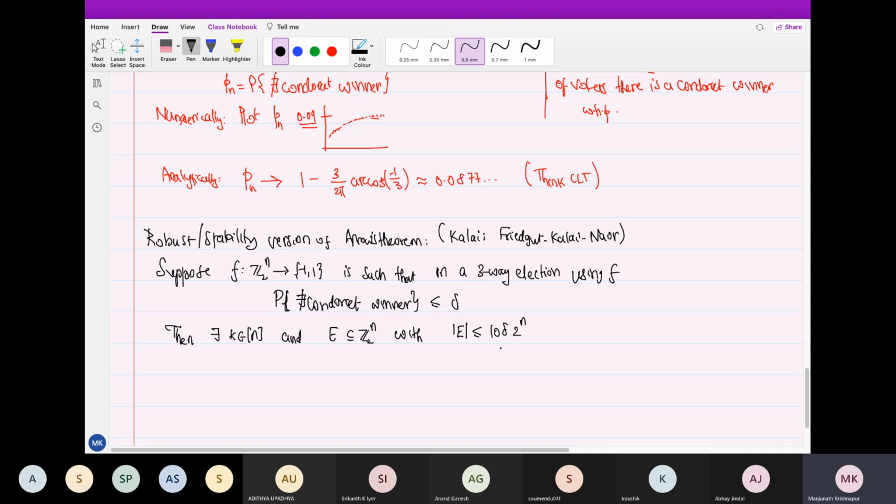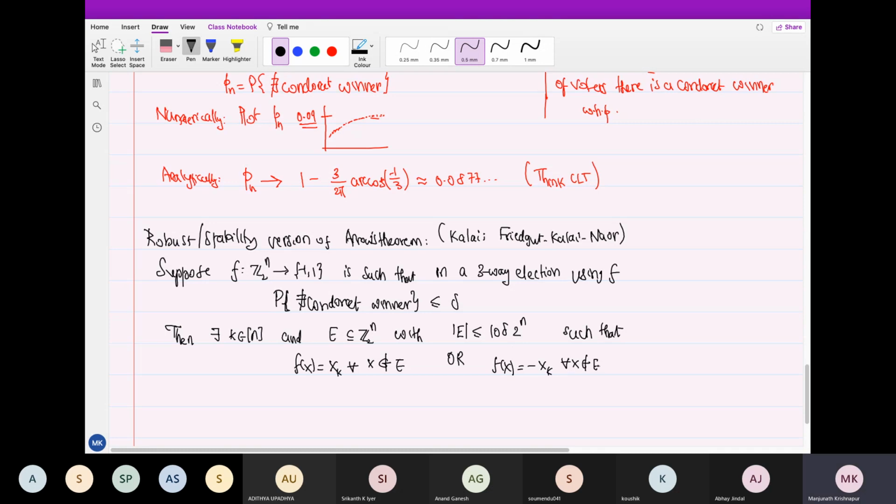So its probability is only 10 delta, such that F(x) equals x_k for all x not in E, or it is minus x_k for all x not in E.